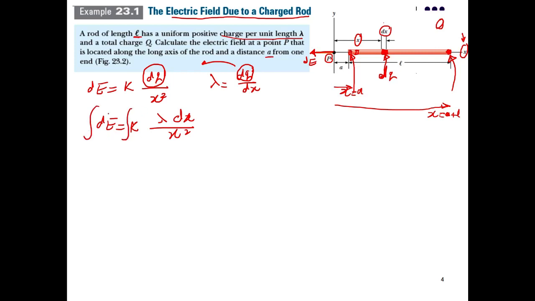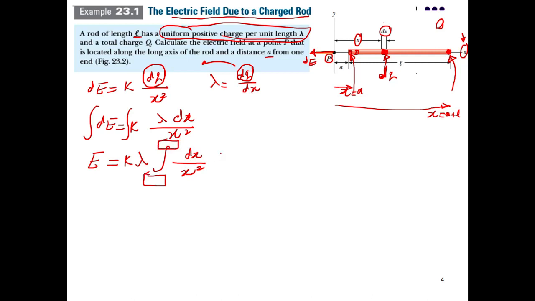Now, in integration, the integration of dE is simply going to give us E. From calculus, if you have any constant, you simply kick it out of the integral. So k is constant, and lambda is constant because the question says uniform, I mean constant lambda. So I'm going to simply take it out. The integration is of dx over x squared. Now, from where should I go to where?